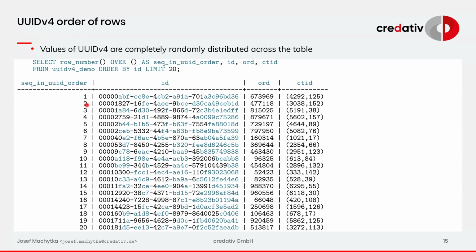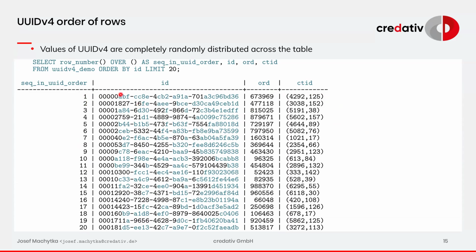And for better readability, here is this row_number window function over all records. So we will see here the ordinary number of that row. And here in that ORD column, we see the ordinary number of insert. And here is our well-known ctid, which means data page number and ordinary number of that tuple inside that page.